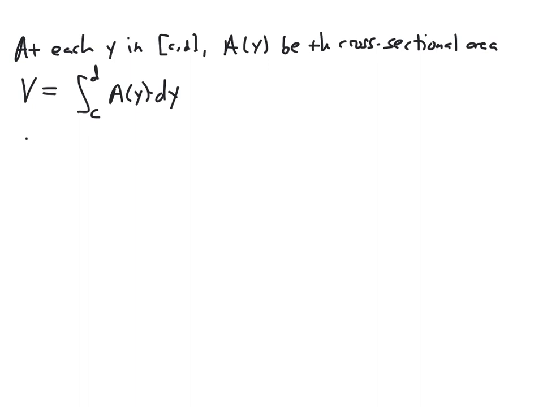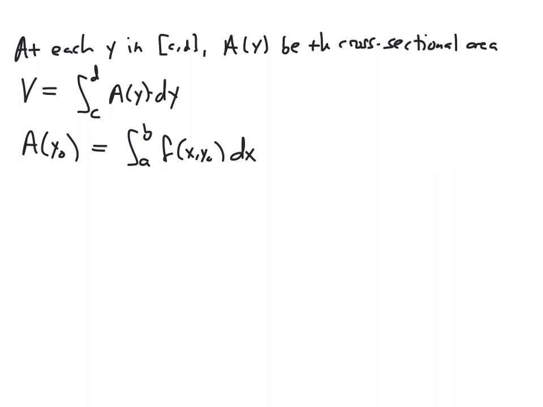However, if we look at A of, let's pick a particular number, y naught, or y sub 0, then A of y sub 0 is that cross-sectional area. It's just going to be defined as the integral from a to b of the function f of x comma y naught dx.